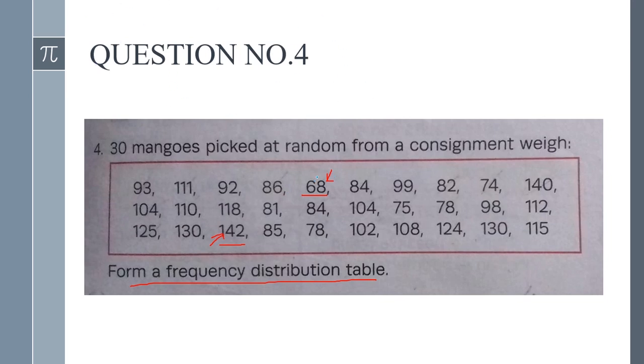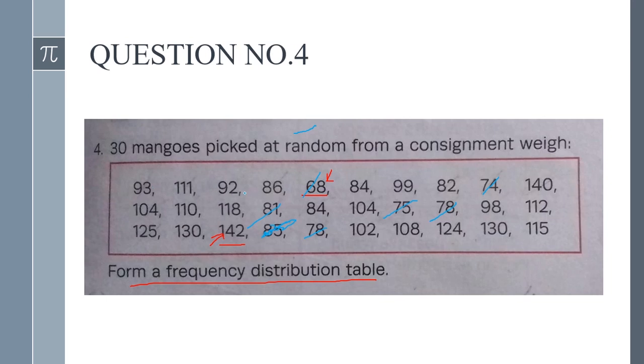See, we have the very first number which is this 68. Then we have 74, then we have 81, then 75, then 78, and then this is 85, sorry, 85 is not included, 78, and this is done.